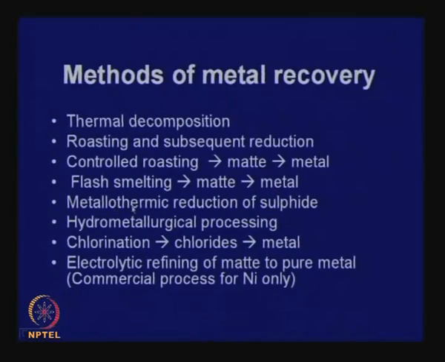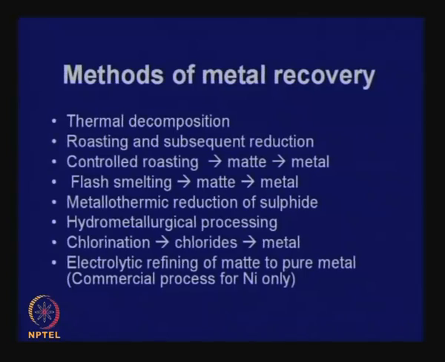We can also have metallothermic reduction of sulfide. There can be hydrometallurgical processing of sulfide. A sulfide can be chlorinated, changed into a chloride, from which the metal can be extracted by electrolysis or by metallothermic reduction.